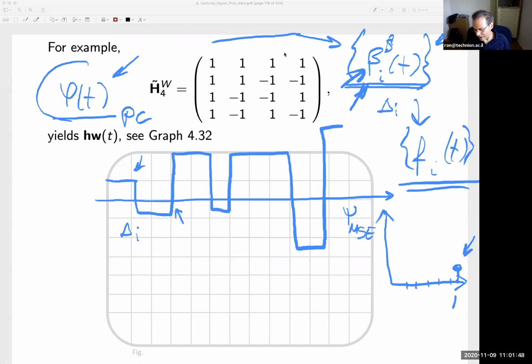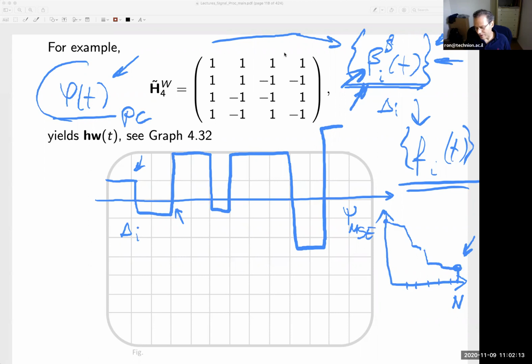So when you have the capital N functions, you would get to the same error. The question is not the final result, but how you get there. If you're using the betas, the standard basis, then probably you'd get something like that. It would go down, and eventually it would come to this location, and everybody would be happy.